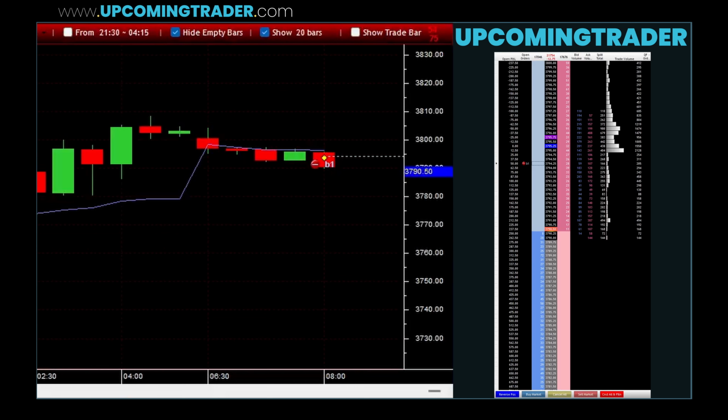The buyers are showing resilience by pushing prices up from the lows, demonstrating a change in dynamics where buyers are starting to gain control. This can be interpreted as a bullish signal, suggesting that the market may be ready to move higher.